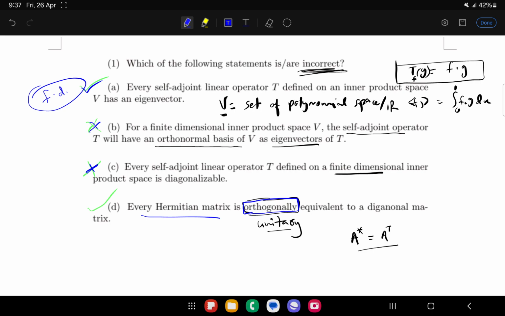For being orthogonally equivalent, it should be a real matrix, then only unitary itself will become an orthogonal matrix. Okay, for real matrices we have this relation. So this is incorrect. Here it should be unitary, and we are choosing the incorrect statement, that is why it is correct.